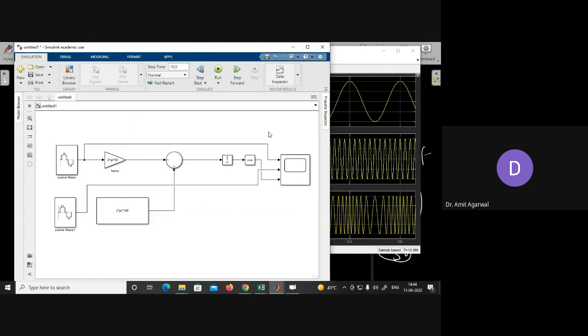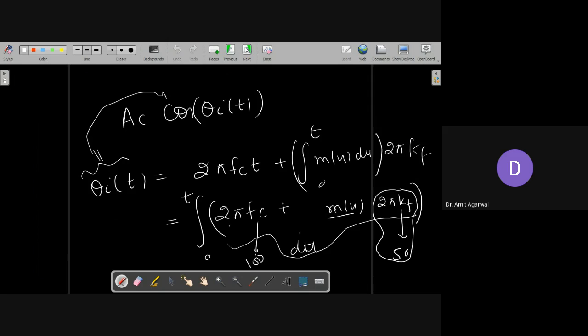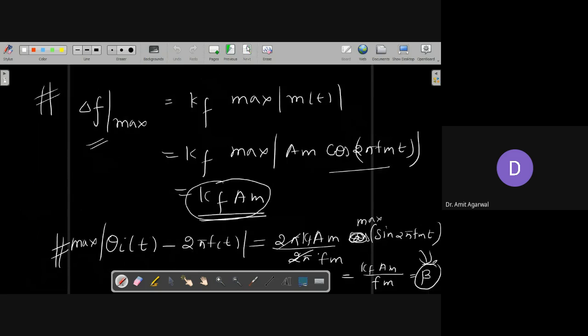Now if we want to demodulate our frequency modulated signal, what do we use? What was the name of that device which I told you in the very beginning?